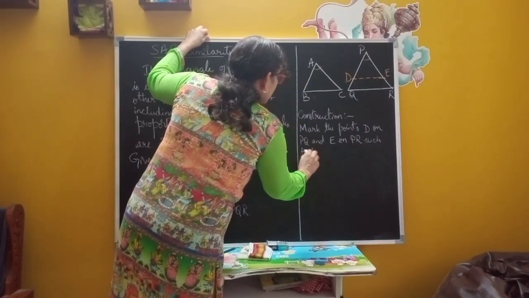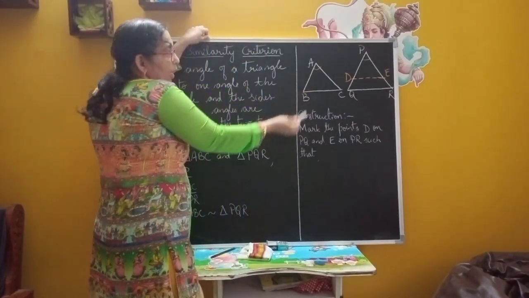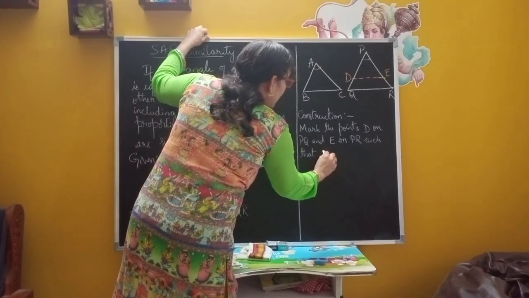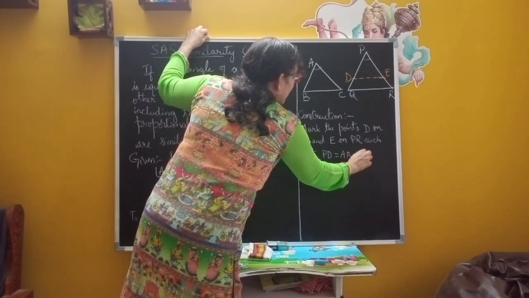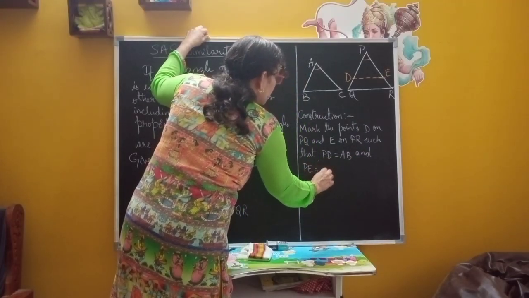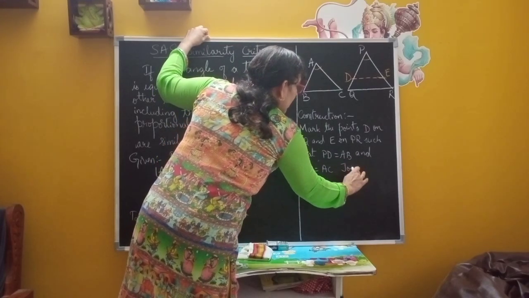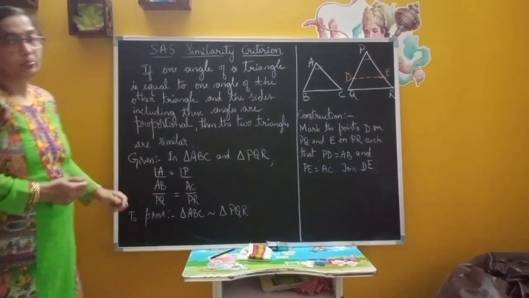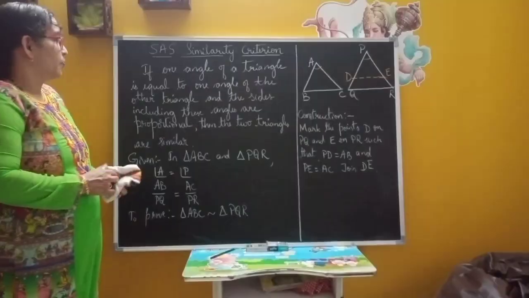Such that PD is equal to AB and PE is equal to AC, and join DE. So now let us continue the proof. How to prove this now?